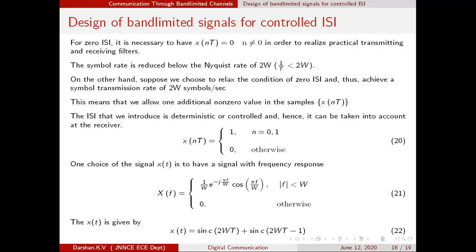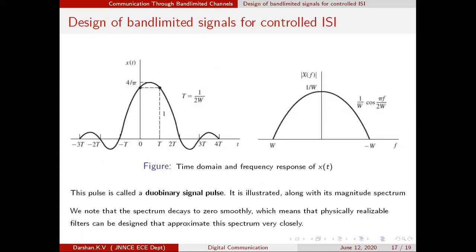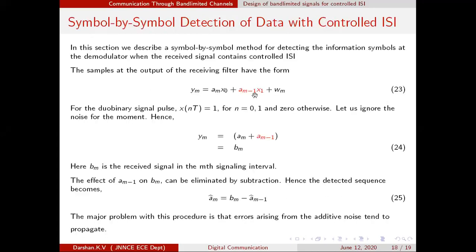As per equation 20, x0 and x1 have the values of 1. If we forget wm, equation 23 gets reduced to equation 24. This am and am plus 1 we will call bm, the received sample at the mth signaling interval.